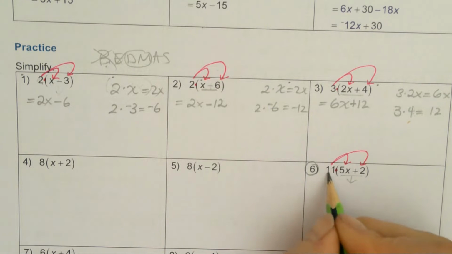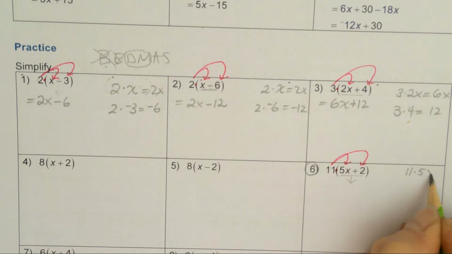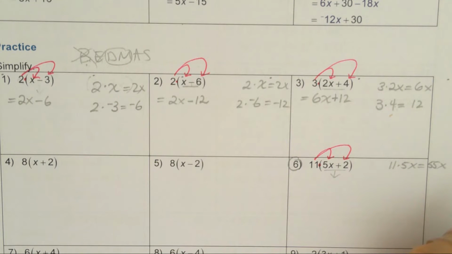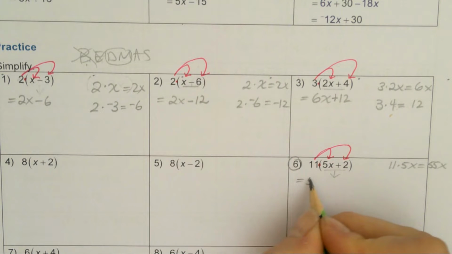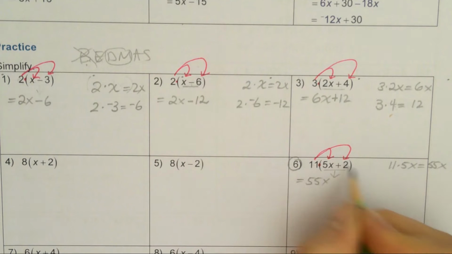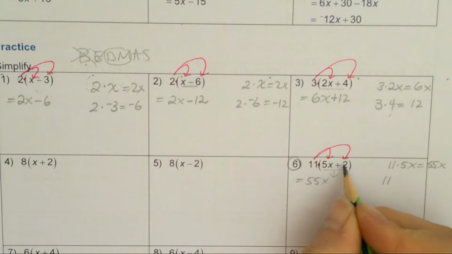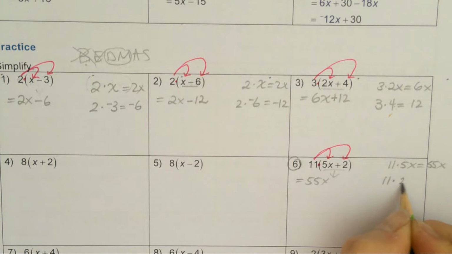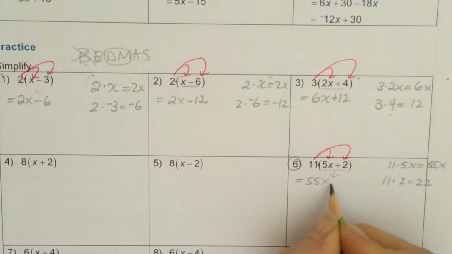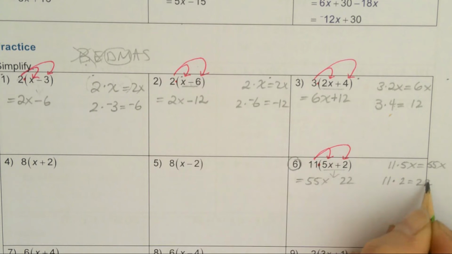So I get 11 times 5x equals 55x. And then I go 11 times, now this is a positive 2, so I can go 11 times 2 equals 22. So I have to say 22, but because he's positive, I'm going to put a plus there.